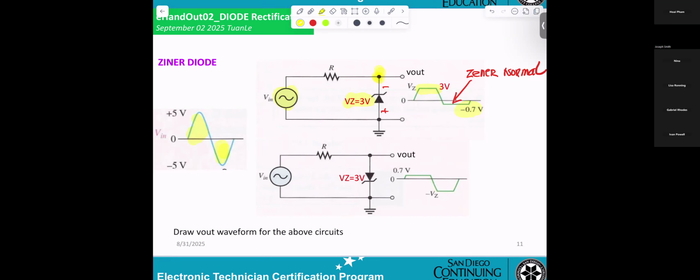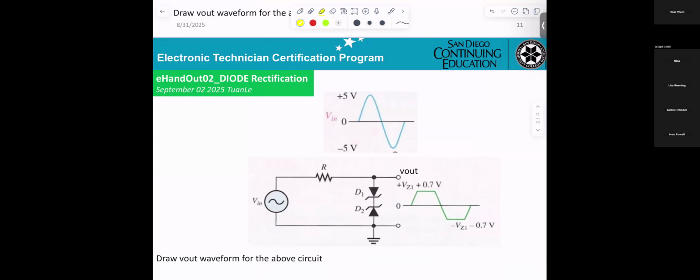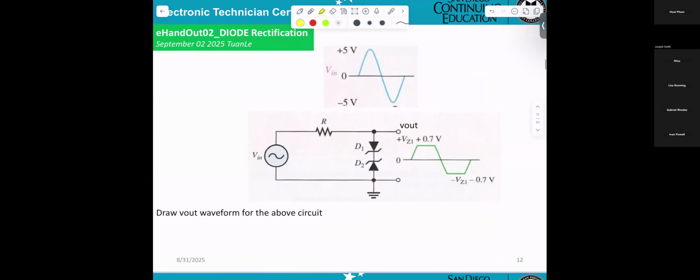And the other one will be the same. One breaks down, one works normally. And now they get both, and the output will look like either positive or negative. That means which one will be normal, which one will be broken down.